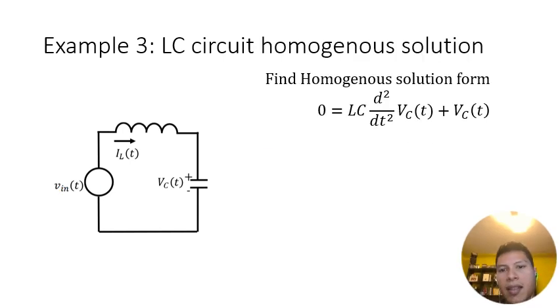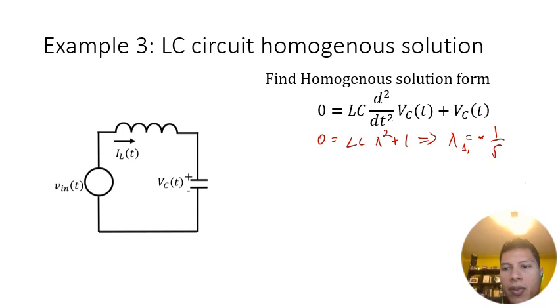Okay, so let's now find the homogeneous solution of this particular circuit. We're going to have that 0 equals LC lambda squared plus 1. So that's going to give us that lambda 1 is equal to negative j 1 over the square root of LC, sorry, j, because we're not mathematicians.